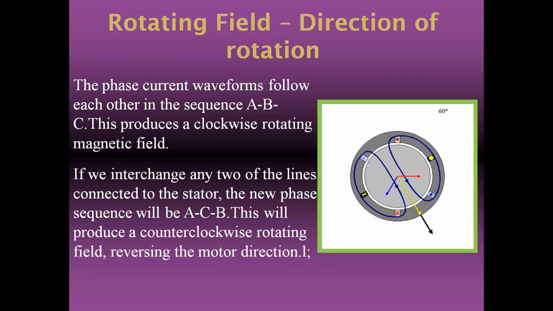Actually, the magnetic field does not rotate in the air gap; its position is changed, at a speed of 120f/P. That speed is called synchronous speed, in RPM or revolutions per second.